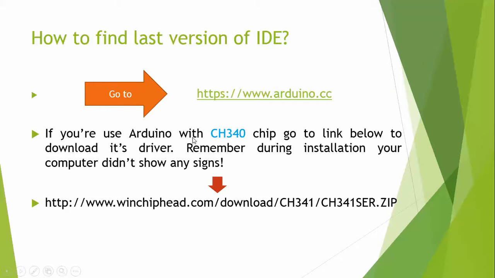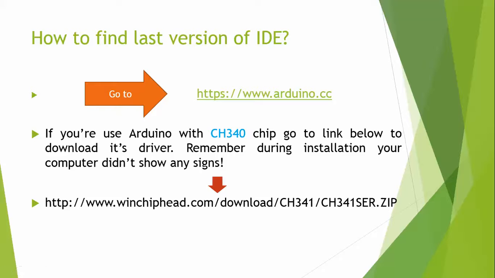But if you are using an Arduino with a CH340 chip, you need to go to the link below and download the latest driver and install it. Remember, during installation your computer doesn't show any sign.